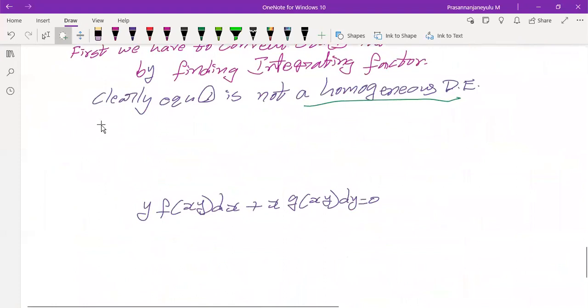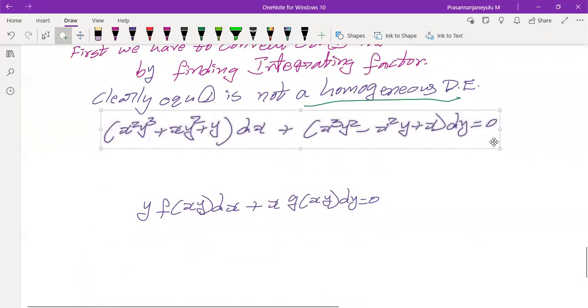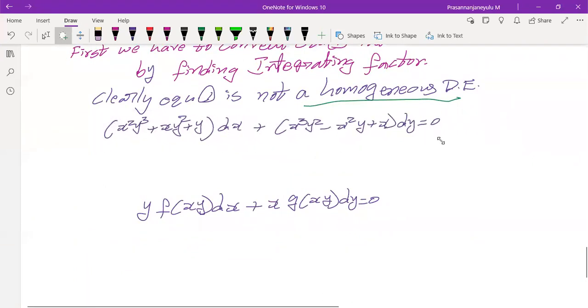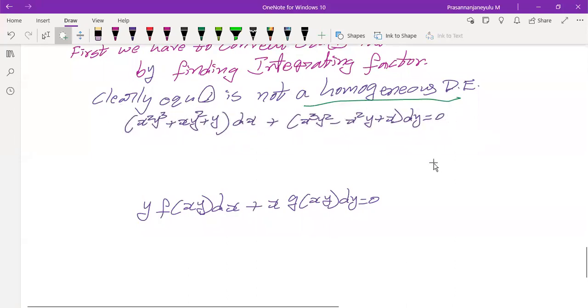So writing equation 1 here. From this equation number 1, can we take y common in the dx coefficient? From this, can I take y common?